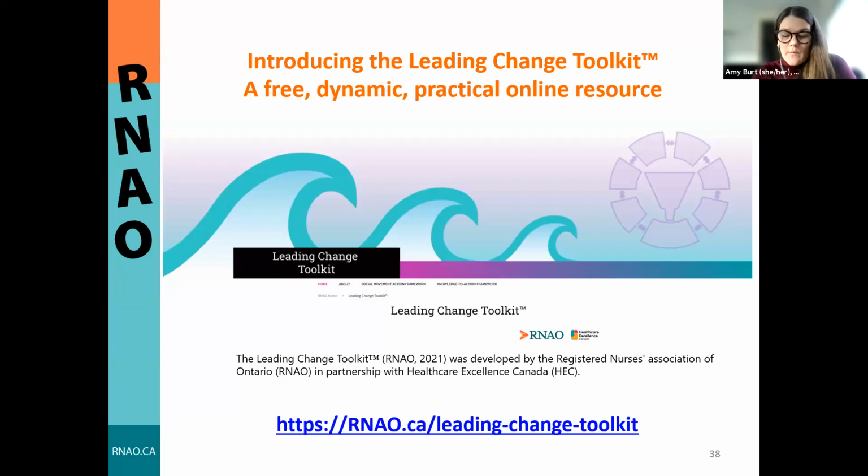It includes two complementary frameworks that accelerate success in the uptake and sustainability of knowledge. There's the Knowledge to Action framework, which is also found in the second edition of the toolkit, and some of you might be familiar with it. And then the new Social Movement Action framework. This toolkit can be found online, and we'll also be discussing it further in next week's webinar.